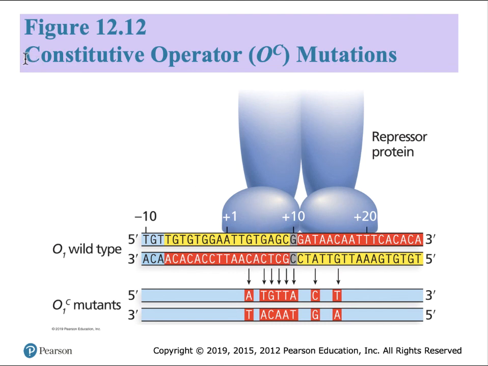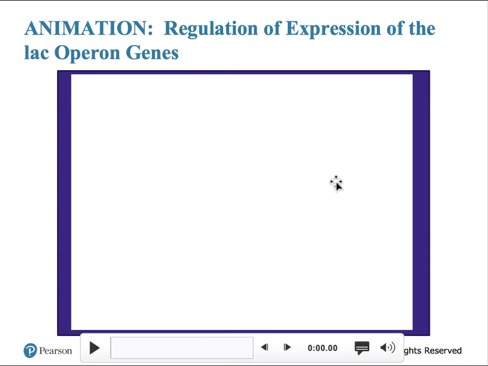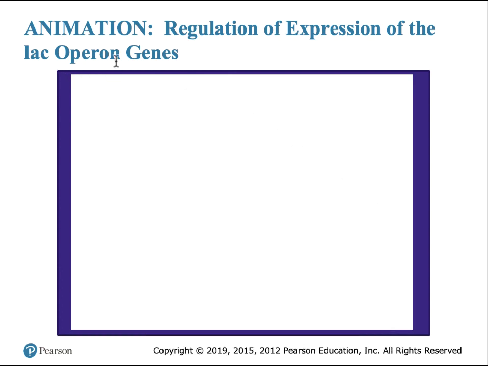So in O-C mutations, operator constitutive, the mutations are here, and you can see they will prevent this branch of the heterotetramer from binding. If you wish, there's a video that accompanies this textbook chapter that you should watch. Thank you.